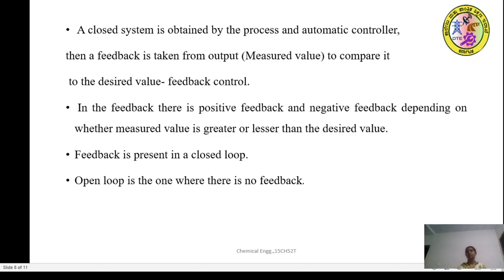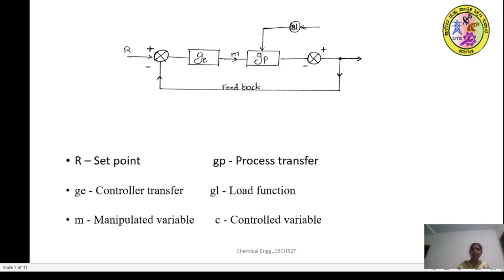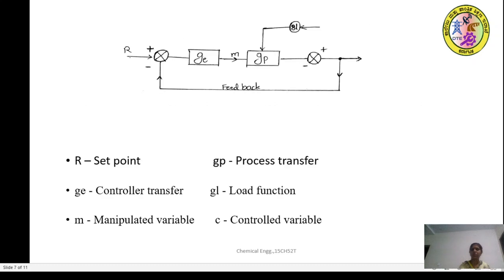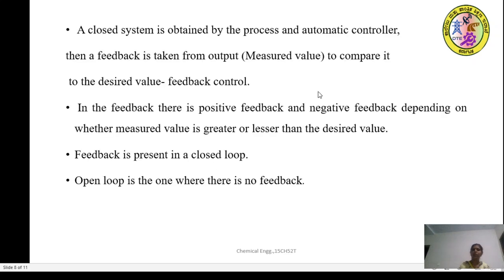Whatever you just saw is a closed system, and it is obtained by the process and the automatic controller. Here, the feedback is taken from the output. The feedback is taken from the output measured value to compare it with the desired value.